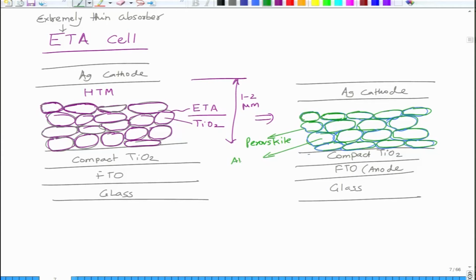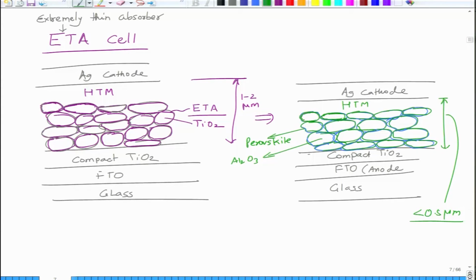This is alumina particles, and the rest of the design is similar. Here we have HTM, and this thickness is about half a micron or even lower. So, you can see that the only difference is it is a little thinner, and instead of using an ETA, the absorbing material, we have used perovskite, which is an excellent absorber of light, and it has very good properties.